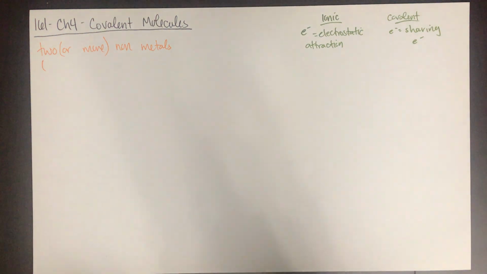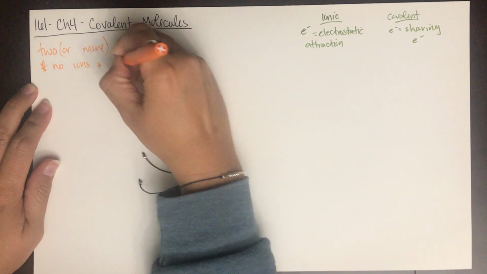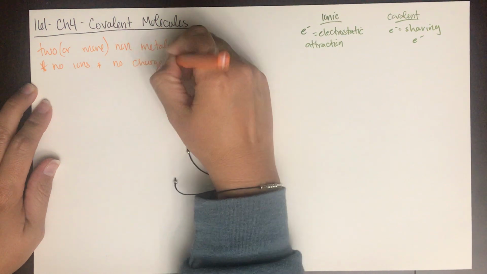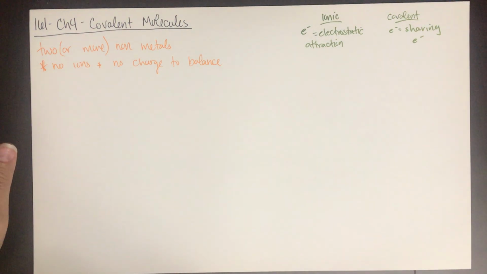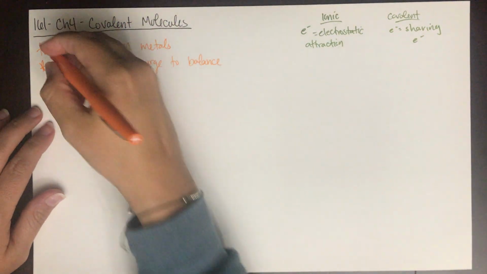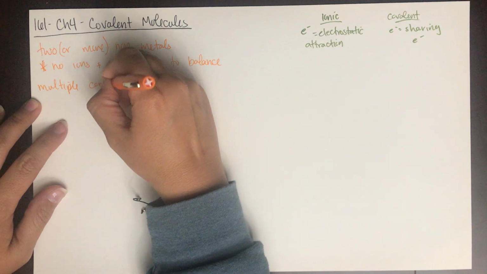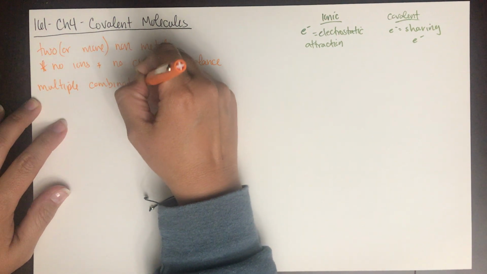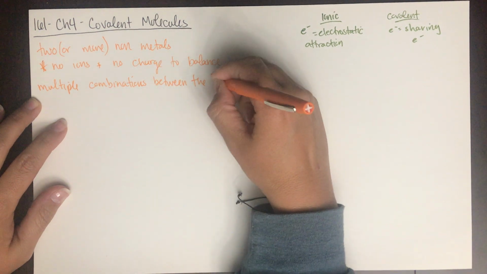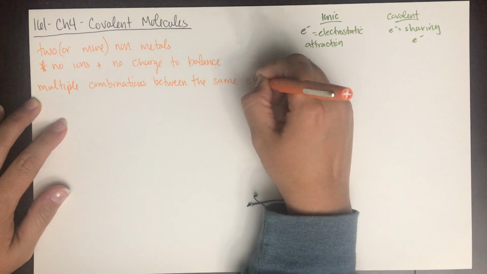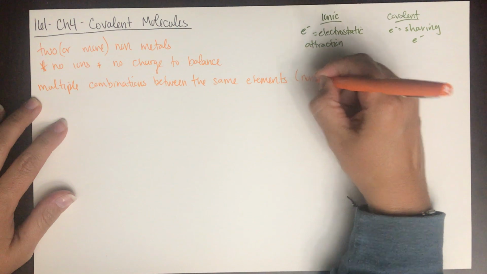So there's no ions, so there's no charge to balance. So we can have multiple combinations between the same elements. Granted, this is a covalent molecule, so those elements have to be nonmetals.